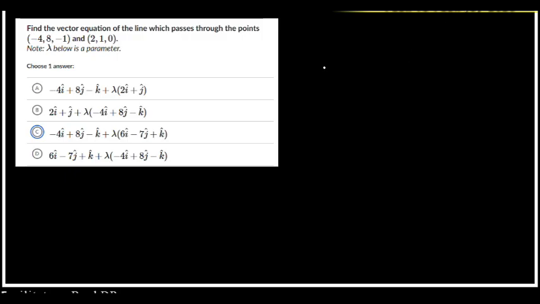So this is type 2, where R is equal to the position vector A plus lambda multiplying B minus A. So let's find the expression B minus A, the position vector B minus the position vector A. Obviously, the first point will be our A and the second point will be our B, in that order.